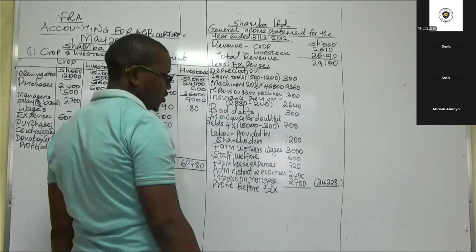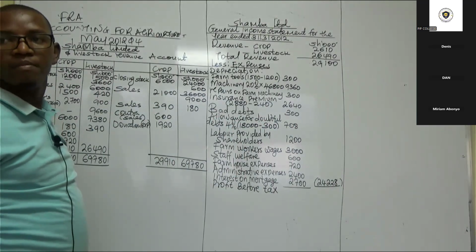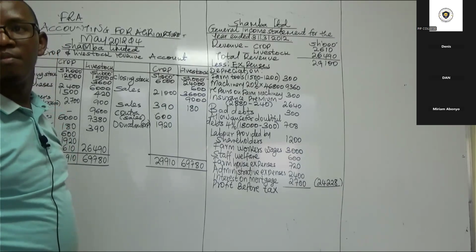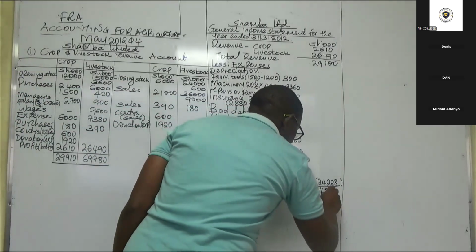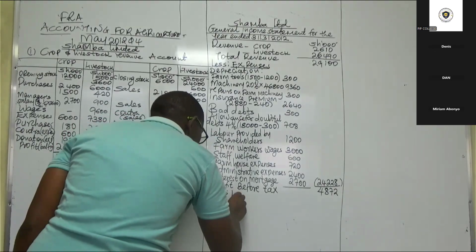If you less, what is the profit before tax? 4872. Less the income tax expense.